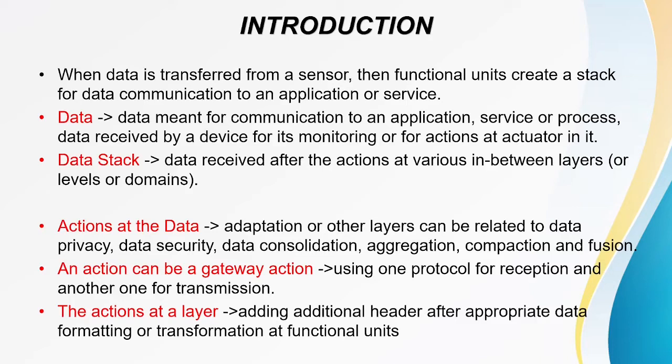So what are the actions we can do? One is we can provide the data privacy, data security, data consolidation, aggregation, compaction, and fusion. Fusion means you are going to join the different data that you are going to get from the sensor, right?